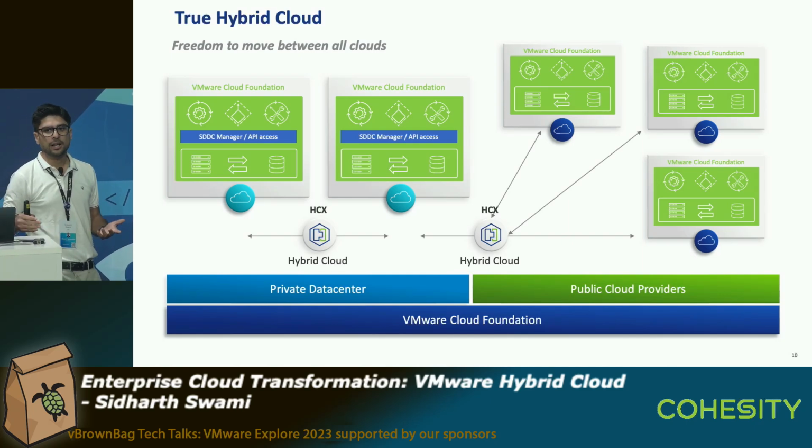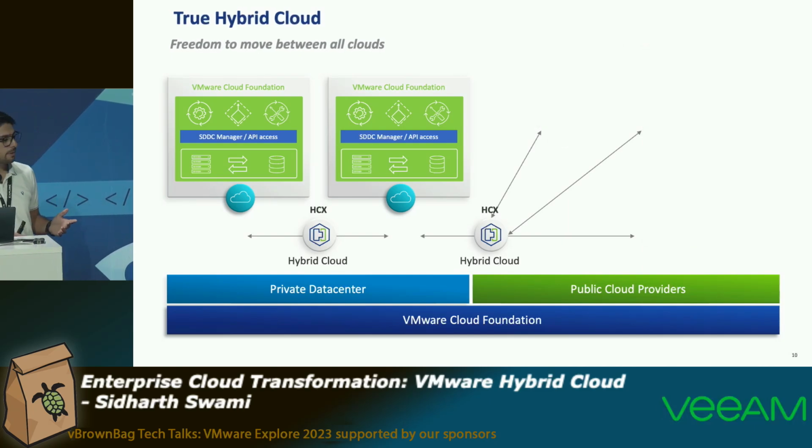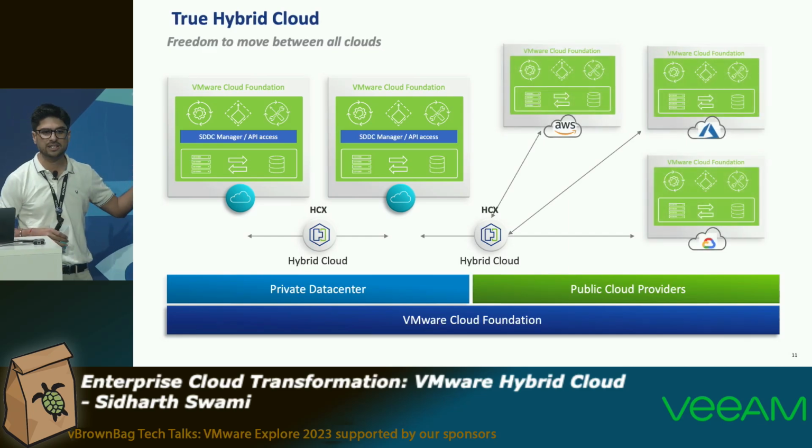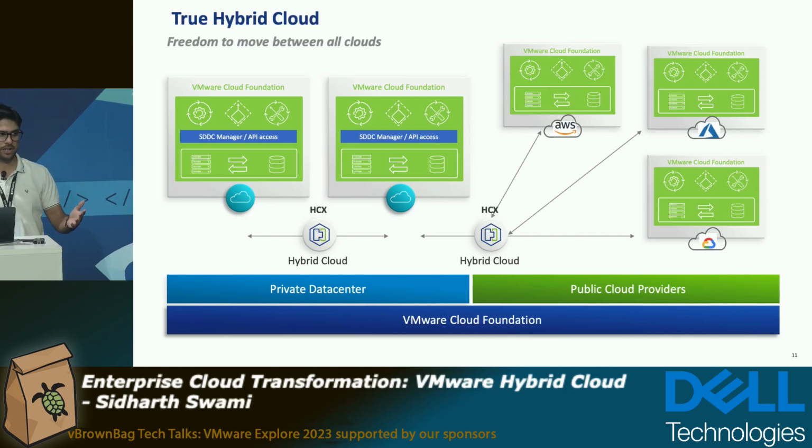Since we have spoken about how the same software suite is available in all the hyperscalers, that means this VMware Cloud Foundation suite is available across hyperscalers. Using the hybrid cloud extension, customers can migrate this workload from their on-premises to any of the hyperscalers.